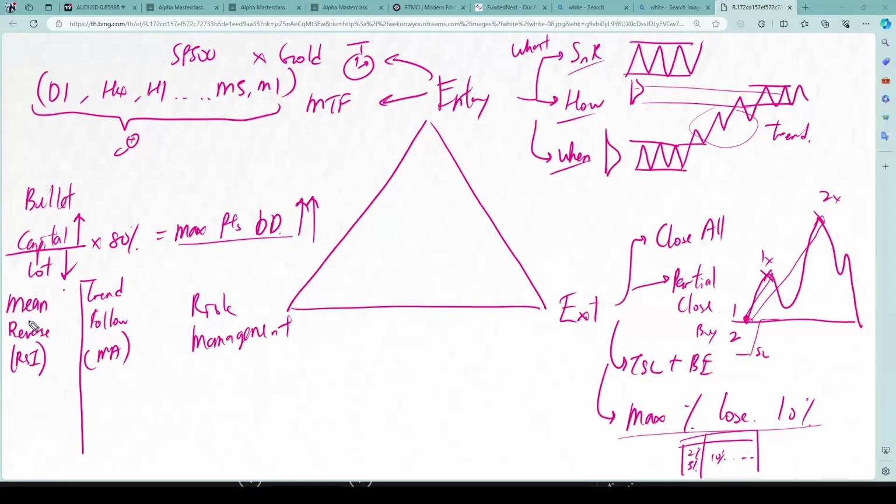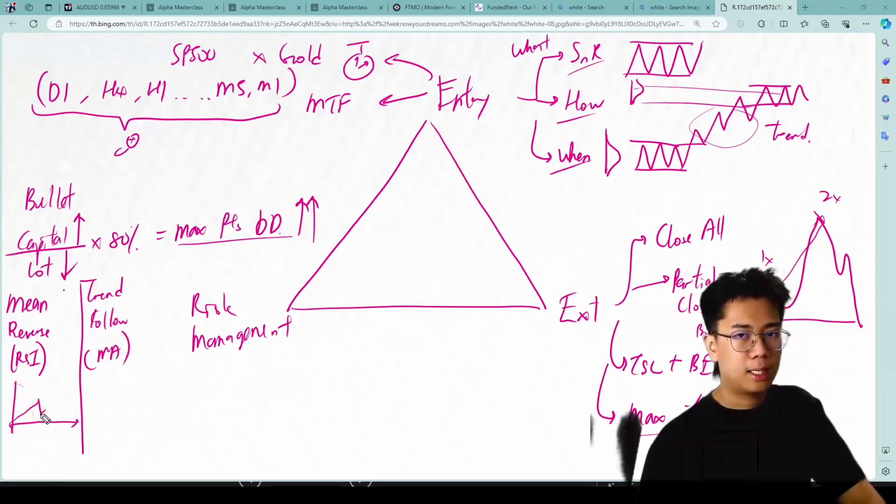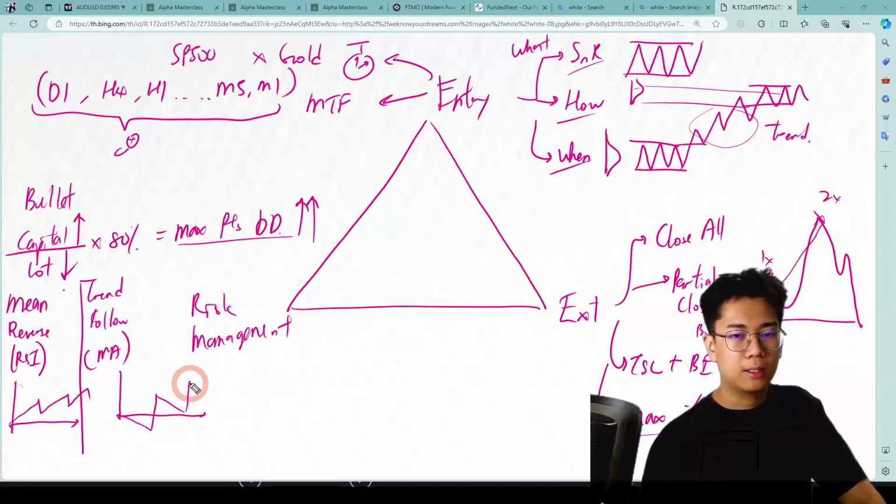If you're using mean reversal, your portfolio should look like this: then big loss, then big loss, then big loss. Moving average type is totally opposite. You start with losing, big win, losing, big win, losing, big win.